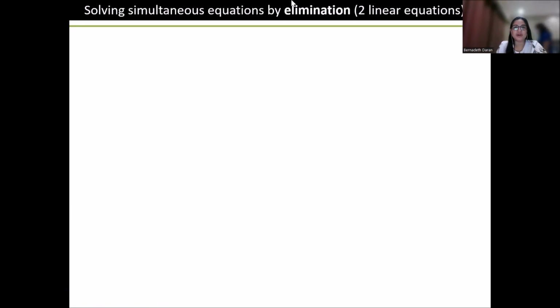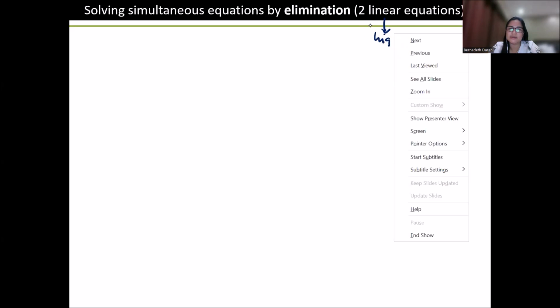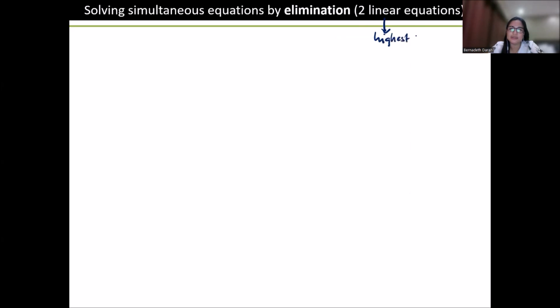You will know if equations are linear because in a linear equation, the highest exponent of the variable is 1.